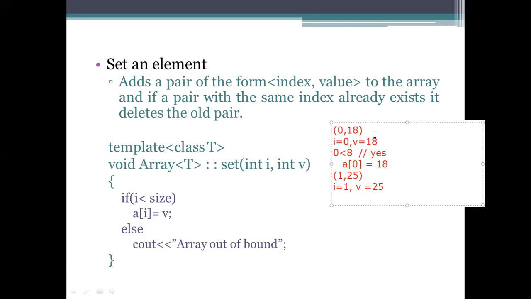Now see, what is the condition? I is 1, less than 8. As it is less than 8, A of 1 is equal to 25.